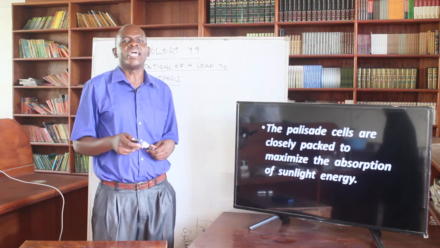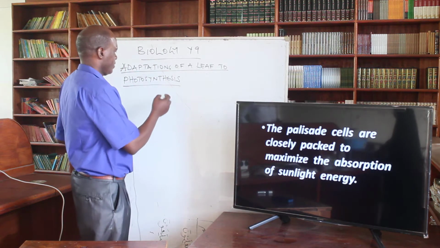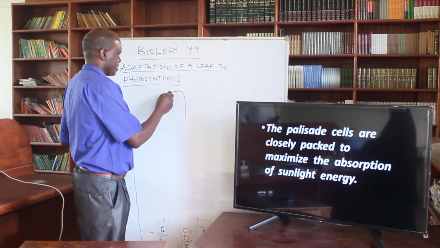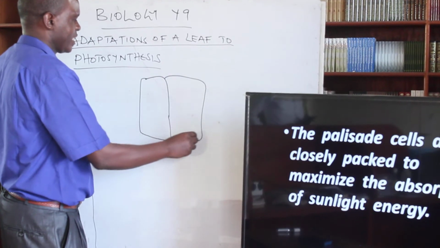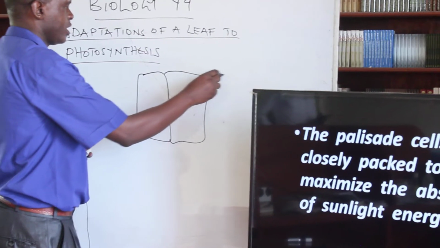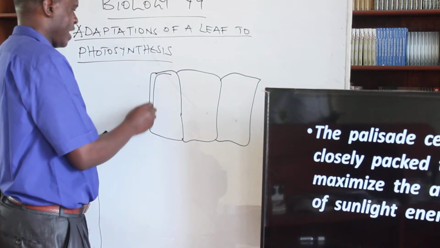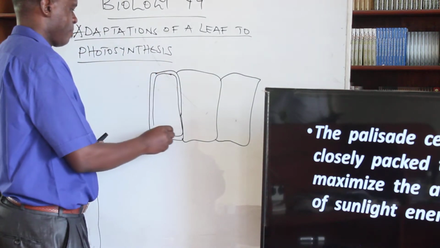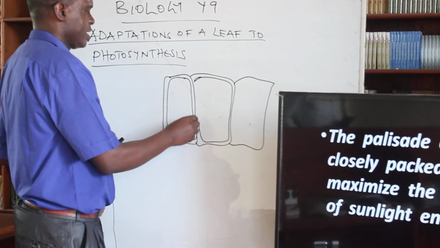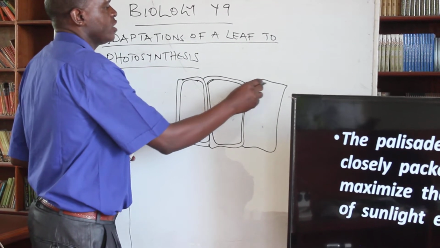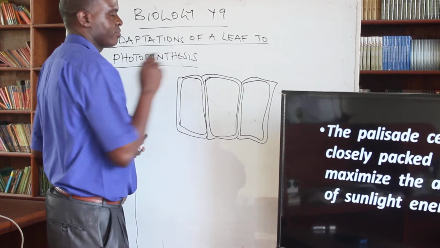When we say they are closely packed, this is what we imply: these cells are packed in such a way that there is no space in between them. So if the light is coming from the upper part of the leaf, then you can be sure that there will be no opportunity of this light escaping to the inner part.